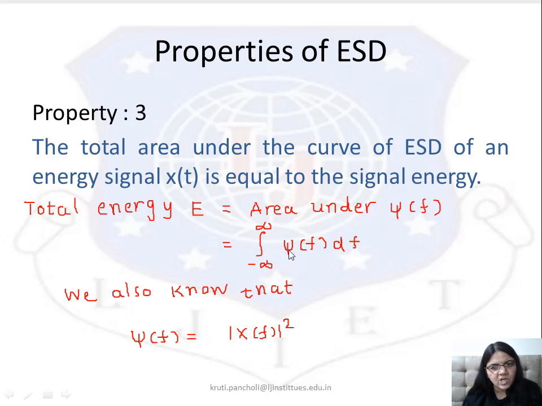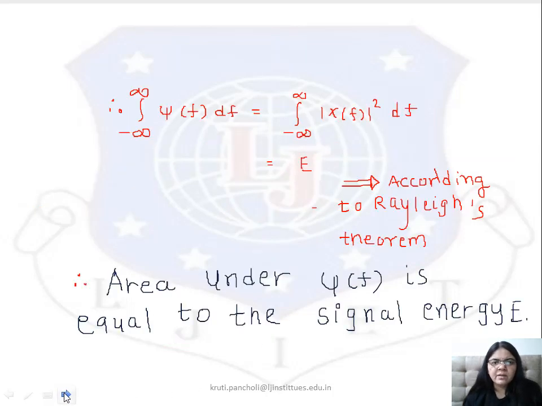But what is this psi(f)? Psi(f) is the energy spectral density, the modulus of X(f) whole square. So we put the value of psi(f) here: the integral from minus infinity to infinity of the modulus of X(f) squared df.